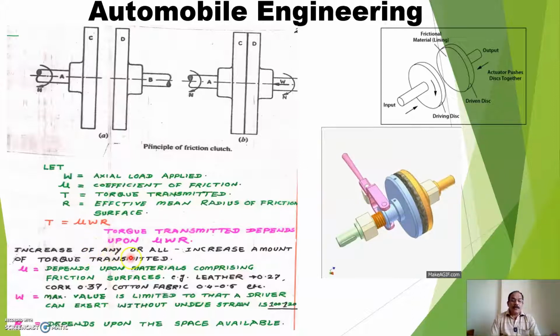Increase of any or all of these increases the amount of torque transmitted, because our aim is to transmit the torque developed by the engine to the output shaft. Increasing any value from these three will increase your torque.